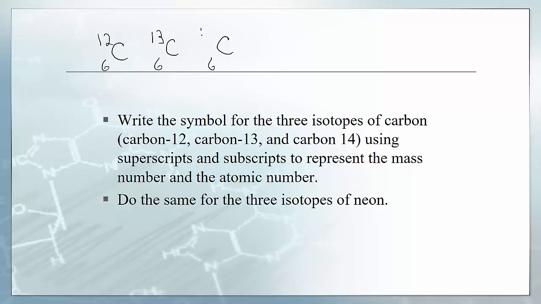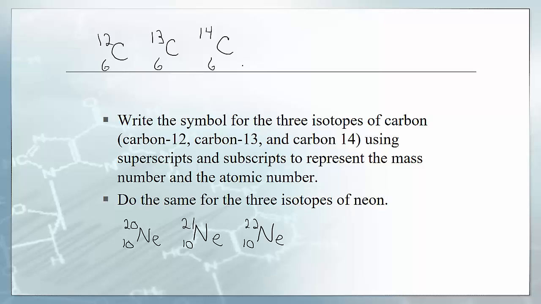The neon atoms that we were just looking at, we could do the same thing. Neon 20 is 10, 20. Neon 21 is 10, 21. And neon 22 is 10, 22. Simple nomenclature here. You just have to remember the two things. Number one, keep in mind that the subscript here is going to be smaller.